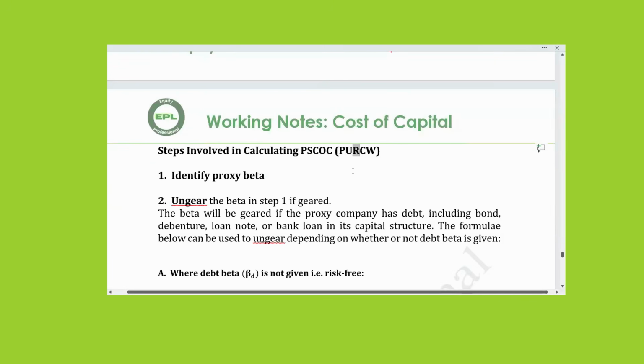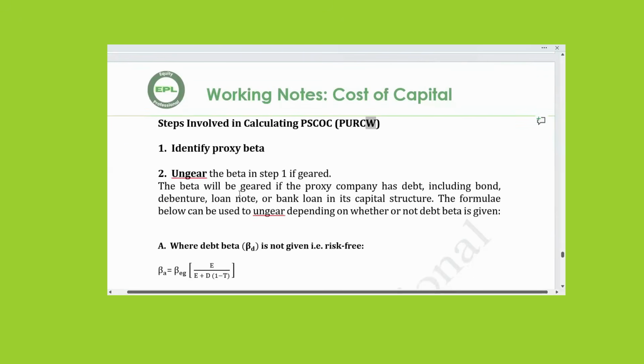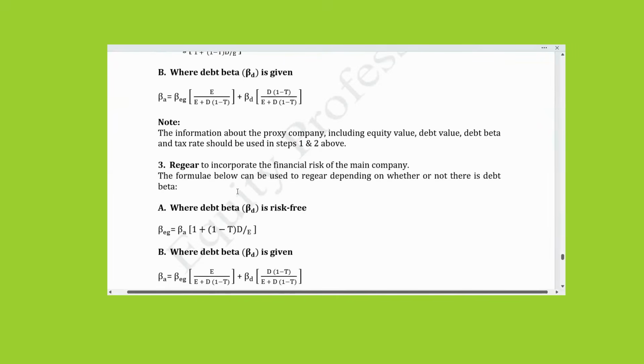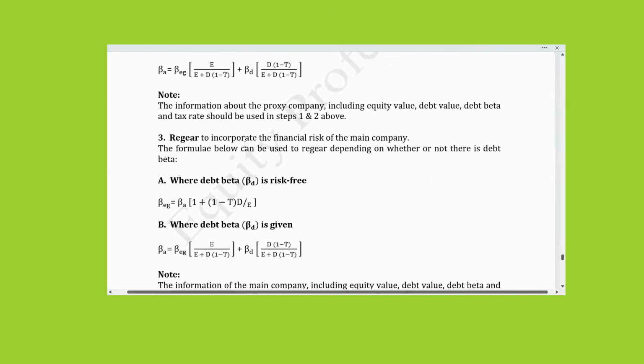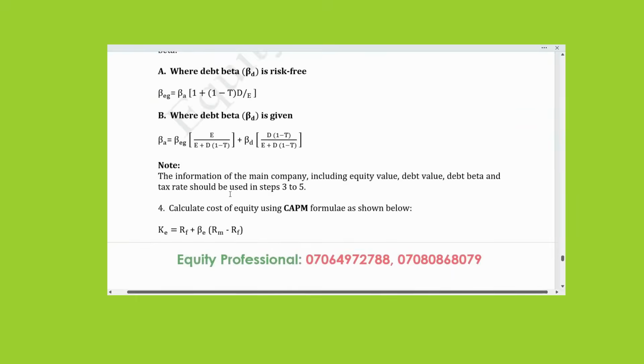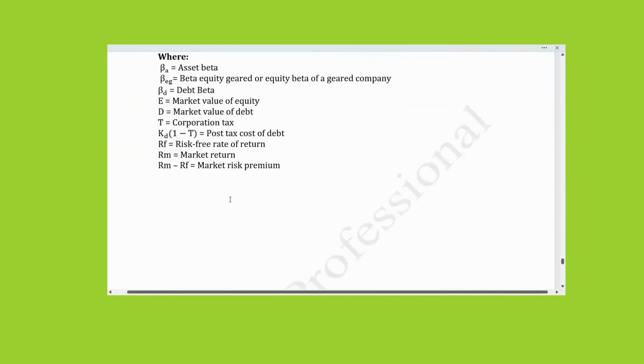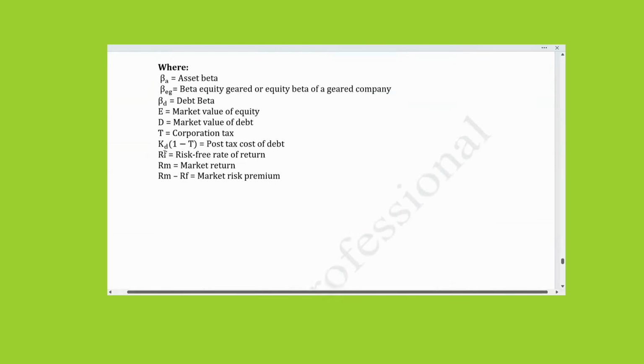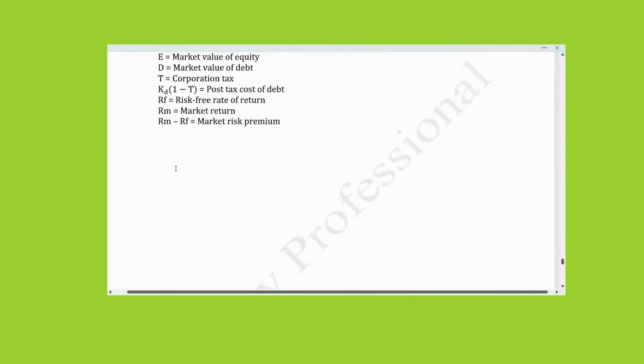Step 3, you regear to incorporate the financial risk of the main company. Then step 4, you calculate the capital asset pricing model. Then step 5, you calculate the weighted average cost of capital. These are the 5 procedures you are expected to carry out anytime you want to compute project-specific cost of capital. You have to master the procedures. All right, you have no choice.